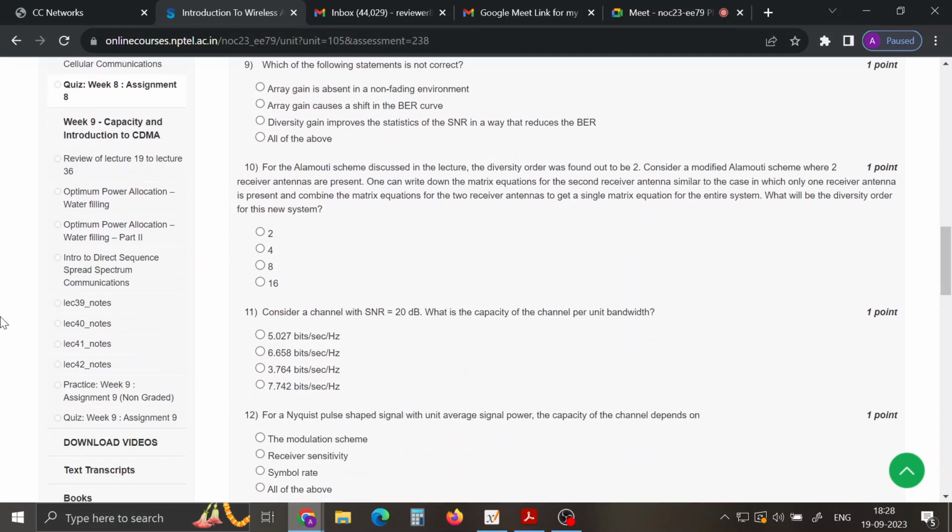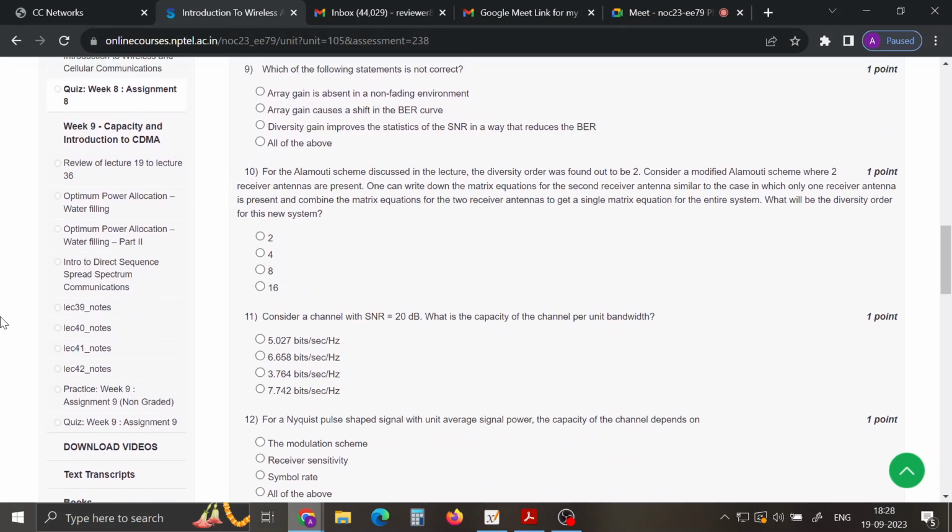If you look at week 9, the week 9 contents are already uploaded by now. Inside week 9 there is some practice assignment here. Look at my cursor, and they are non-graded, so they won't be graded, they are not your actual assignments. You have your separate assignment here below, but the practice assignment is just for your practice, so you can get some idea from that as well.